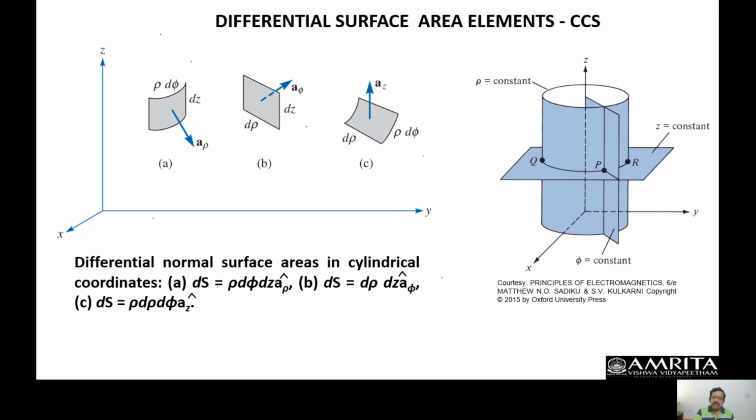Okay, when we do these problems you will get a little more clarity, but for now you can understand what is constant. To remember this, whenever some variable is constant, that is the plane we are talking about, and that will be the direction. So when z is constant, the direction of the normal to the plane will be az. When phi is constant, the direction is going to be a phi. When rho is constant, the direction is going to be a rho. So you can see the normal directions shown here.